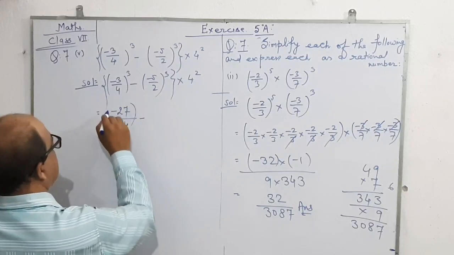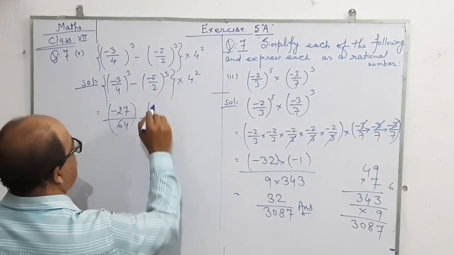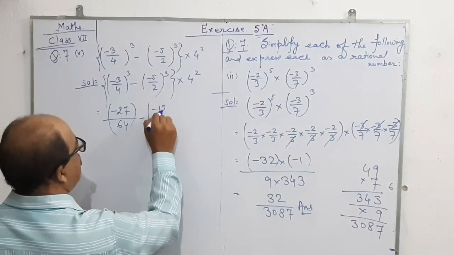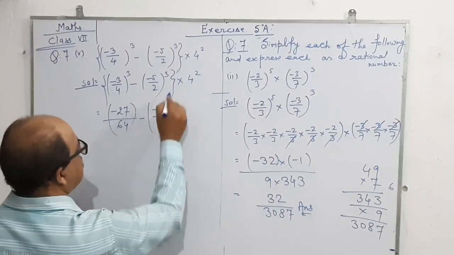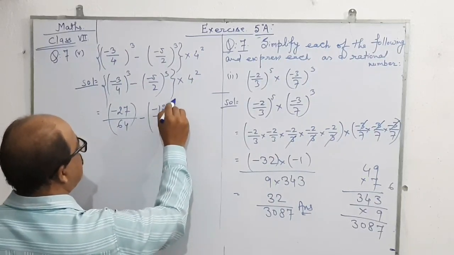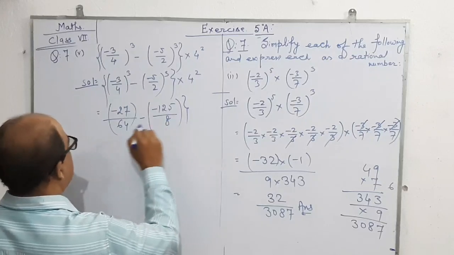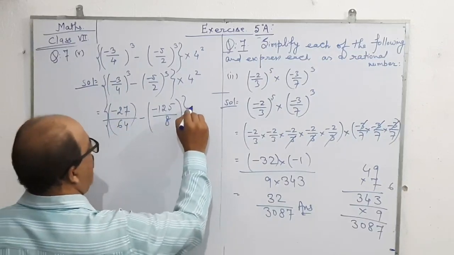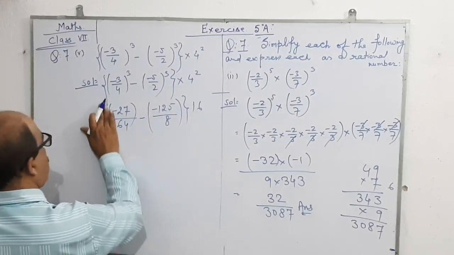Minus 5 has come, 125 by 2 has come 3 times, 2 twos are 4, 4 twos are 8, and 4 fours are 16.